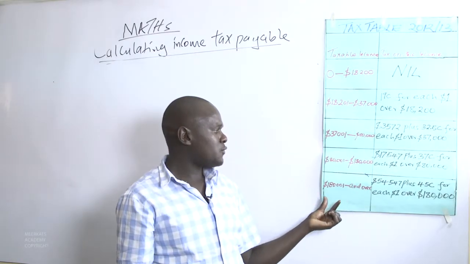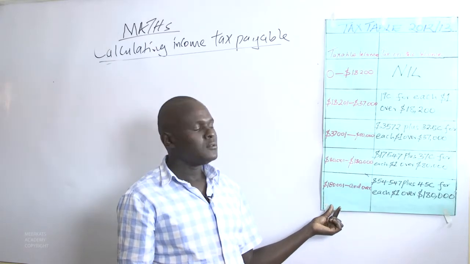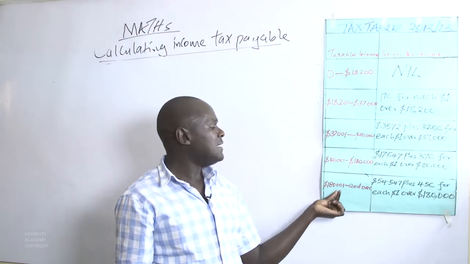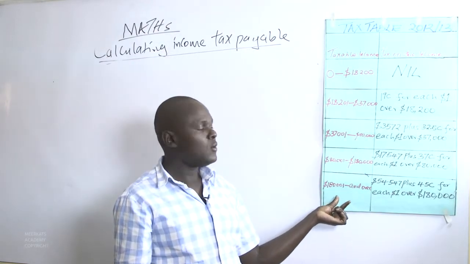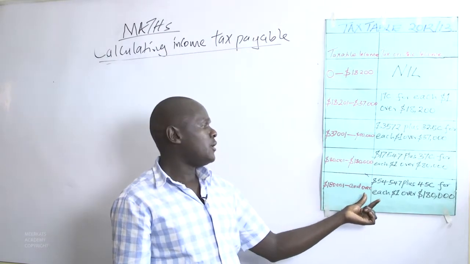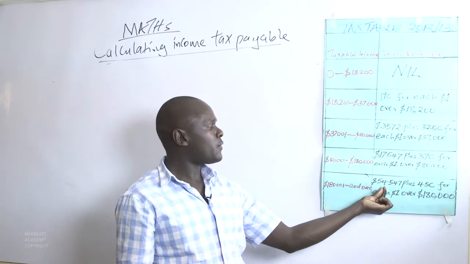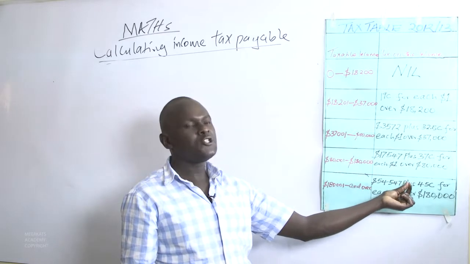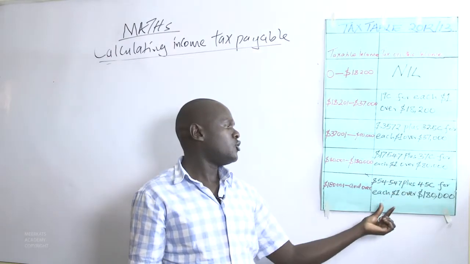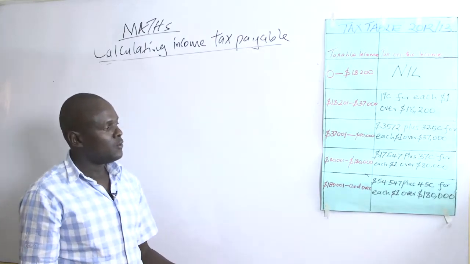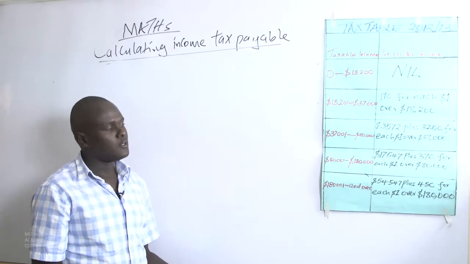And lastly, those who earn above $180,000 pay a base tax of $54,547 plus an additional 45 cents for each and every dollar they earn above $180,000.